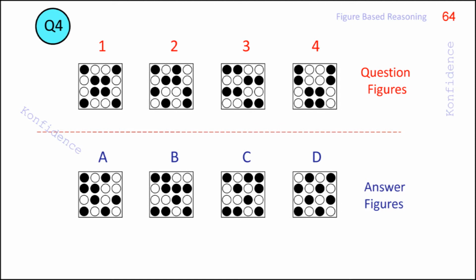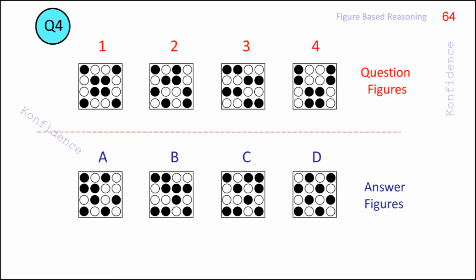Now look carefully. In the picture 1, look at the first row. There is one black circle at the beginning and at the end. In the second row, we have two black circles together. Similarly for the third row. And fourth row is exactly similar to the first row.